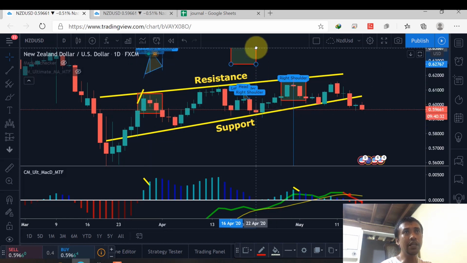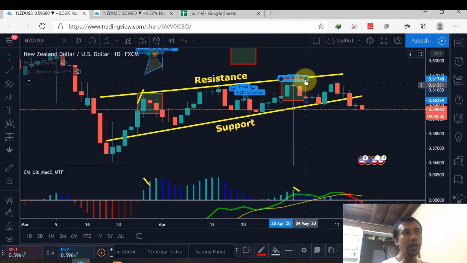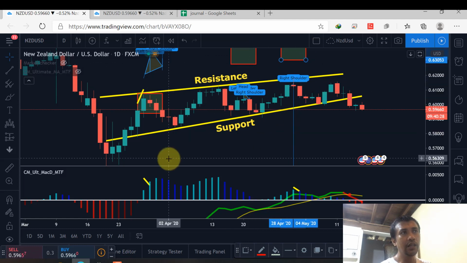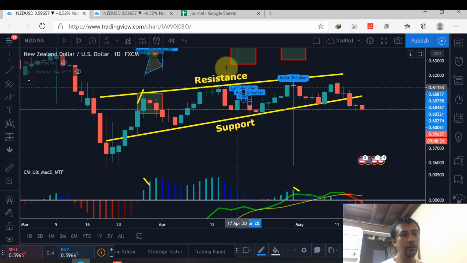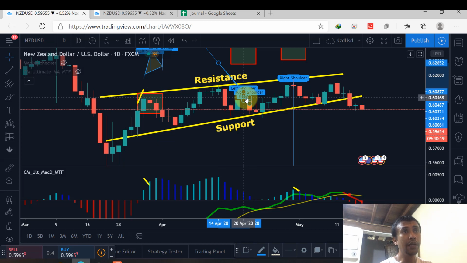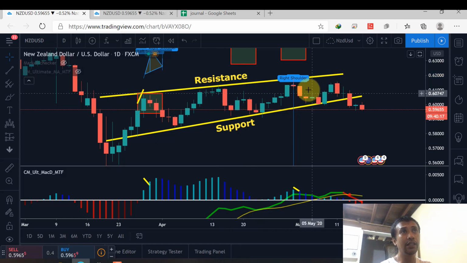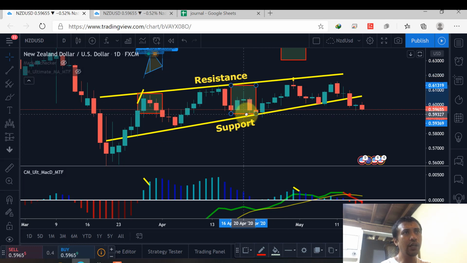Makikita din natin dito, nagkakaroon ng divergent na siya on the lower time frame. Plus what is good at this is, mas malalaman natin ang direction niya. Pansin mo? Alam natin na ito na head and shoulders talagang itutuloy niya pababa. Like this one, bumaba siya, tapos umakyat.